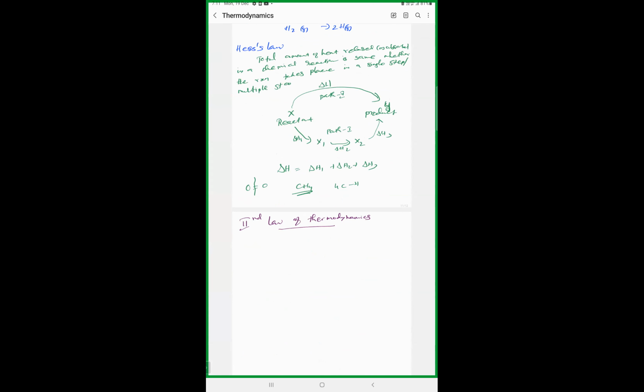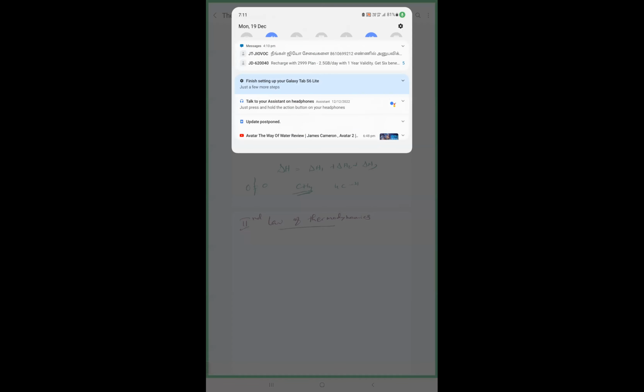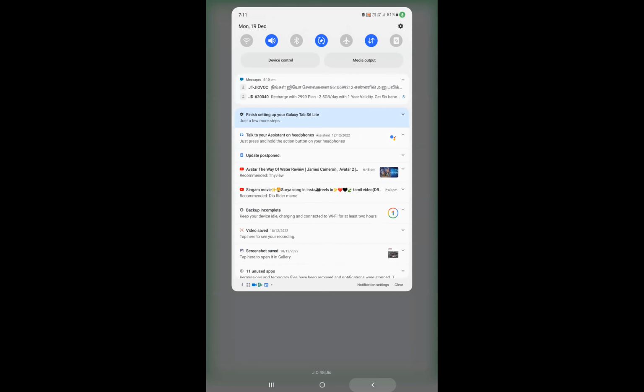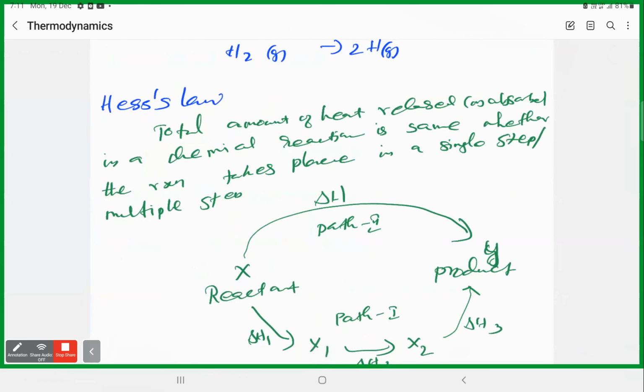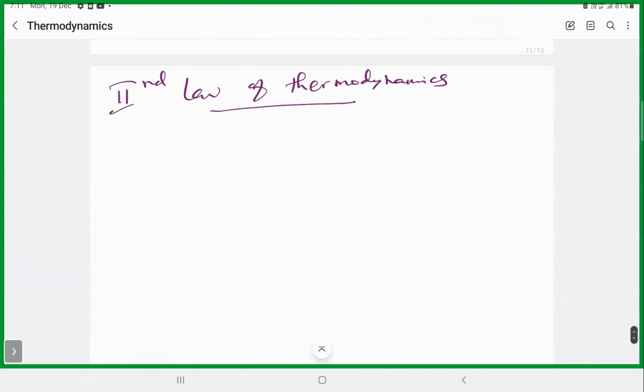In the first law of thermodynamics, it discusses only the heat. It doesn't tell how the heat is transferred from one center to another, and it does not say how much work is done on the system. But now we are going to see the second law of thermodynamics.